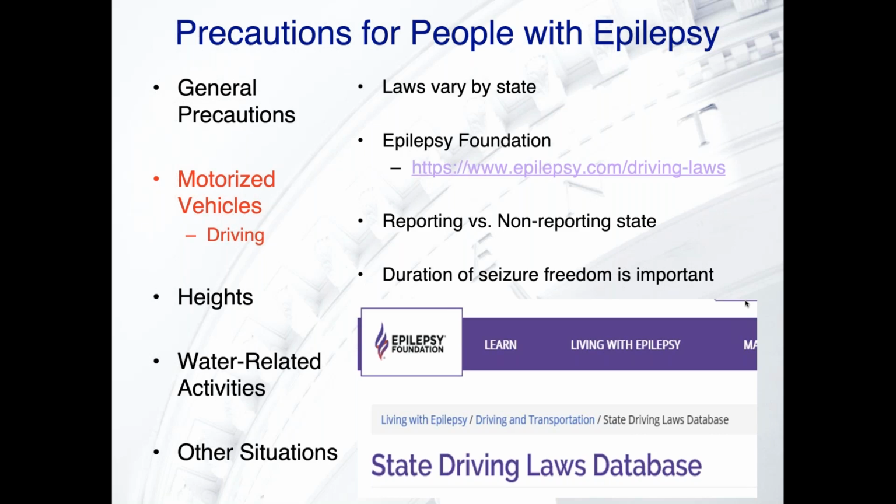In those states, it's the responsibility of the individual to report the condition to the DMV or the RMV. New York State is a non-reporting state, which means that physicians don't have to tell the Department of Motor Vehicles that the patient has epilepsy, but people, when they apply for their license, have to disclose that condition.